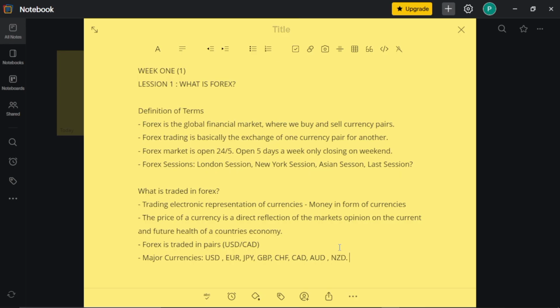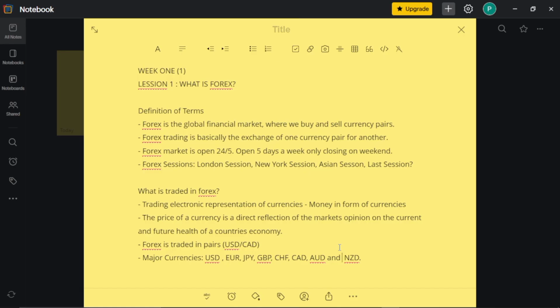Okay, so basically the countries: USD, United States; Euro, the whole of Europe; JPY, Japan; Great British Pound, Great Britain; CHF, Switzerland; CAD, that's Canadian dollar, Canada; Australian dollar, Australia; and we have New Zealand dollar for New Zealand.